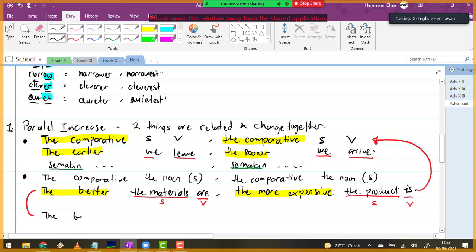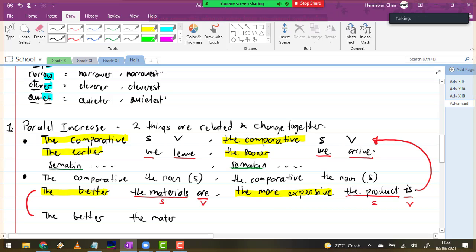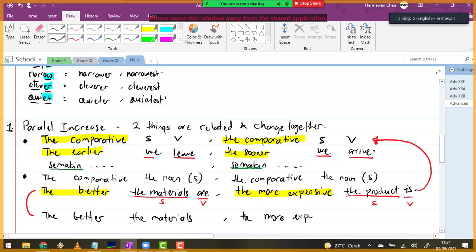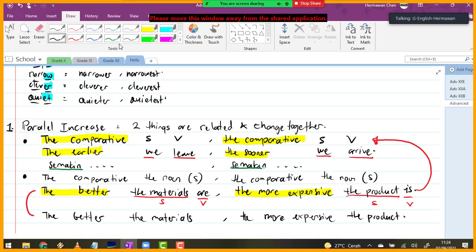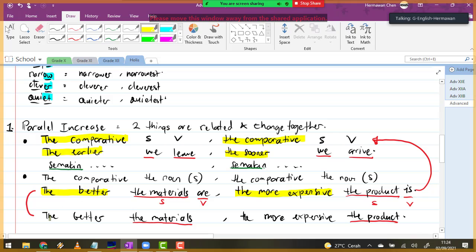It becomes the better the materials, the more expensive the product. Have a look. I do not use the verb anymore, right? Just the noun, just the noun. The verbs are and is are omitted. This is the second pattern.